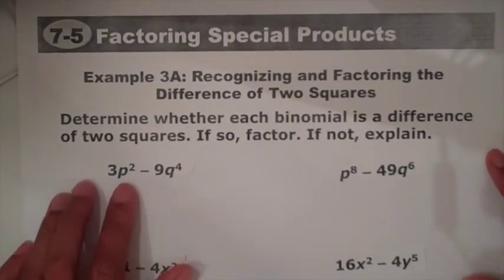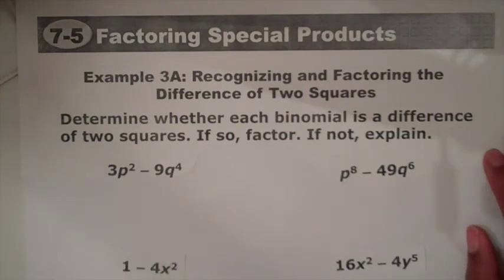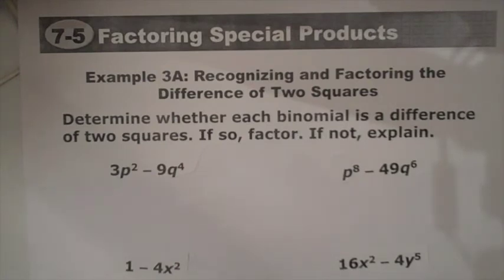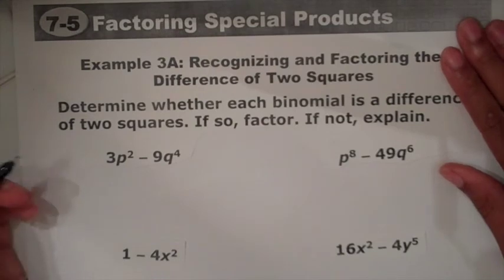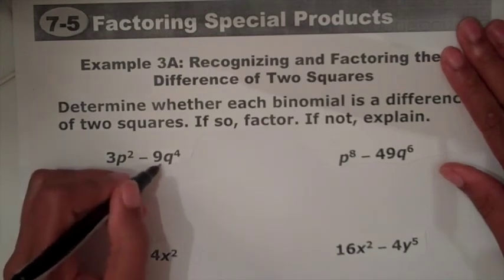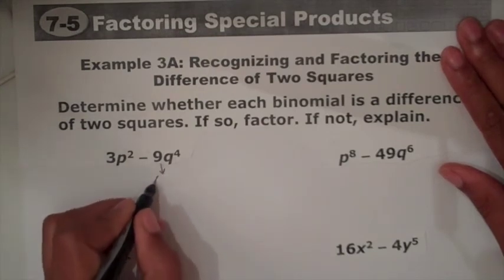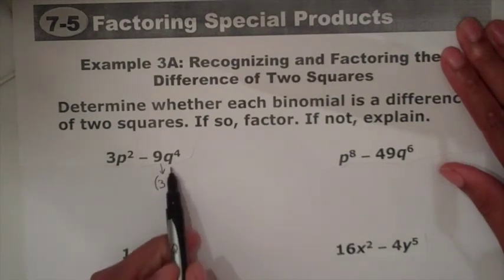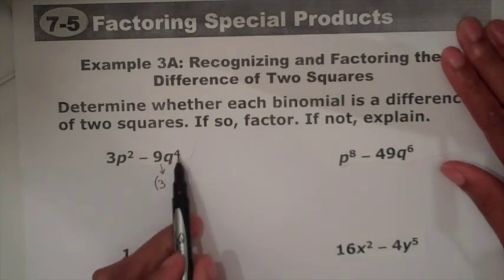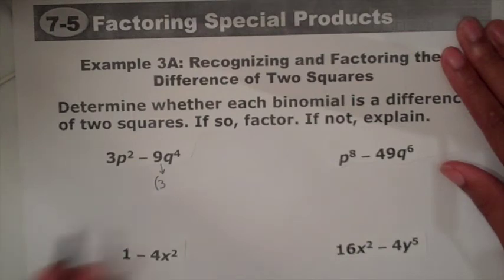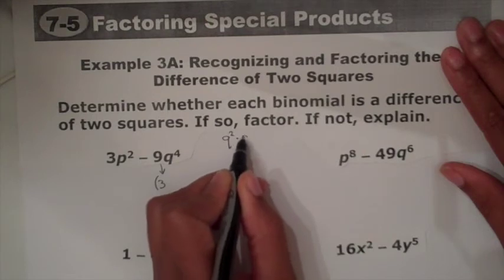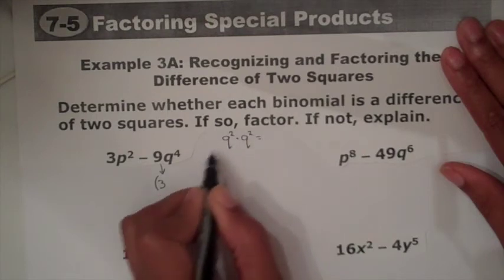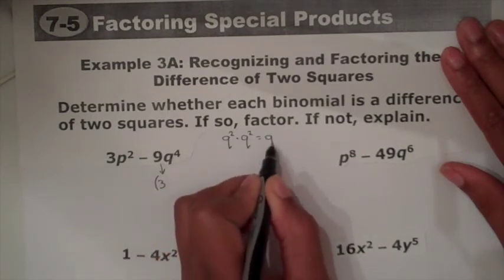Okay, let's determine whether each binomial is a difference of squares. And if so, we'll factor it. And if not, we can show why it doesn't work. So, for the first example, okay, now the 9, I know that 9 is 3 times 3. What times what will give me q to the 4th? Well, remember that when we are multiplying, you add exponents. So if I had q squared times q squared, you would add those two exponents and get q to the 4th.